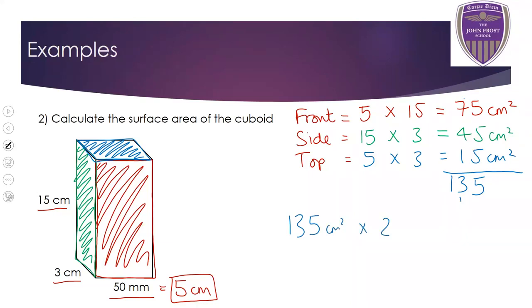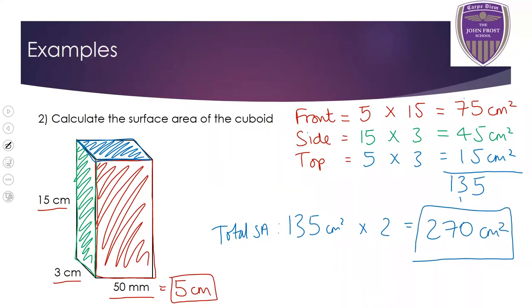We need to double it for the total surface area. Yeah. So if you're doing it this way, that's fine, but make sure you don't forget about the multiplying by 2 part at the end, because I've seen lots of people do that before. Okay, so double the answer, 100 times 2 is 200, 35 times 2 is 70, so 270 centimeters squared.